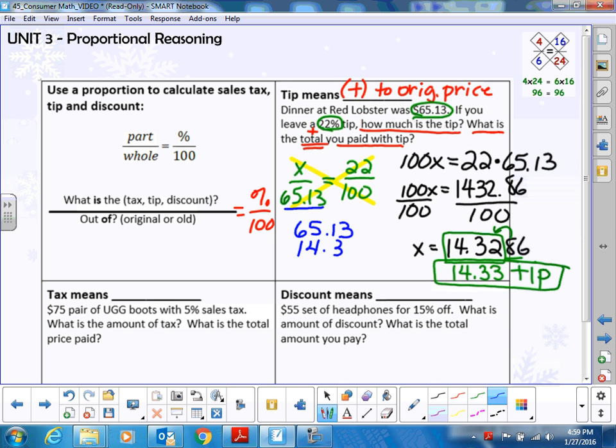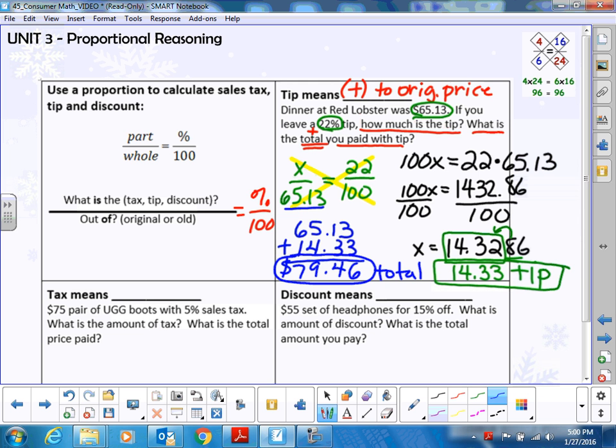When you go to a restaurant and your parents pay the tip, ask them, is that added onto the price or subtracted from the price? If you're paying the waiter, your bill's not going down, it's actually going to go up. So we have to add that because it's a cost out of our pocket. So when we add those together, the answer is going to be $79.46. So that is our total price.